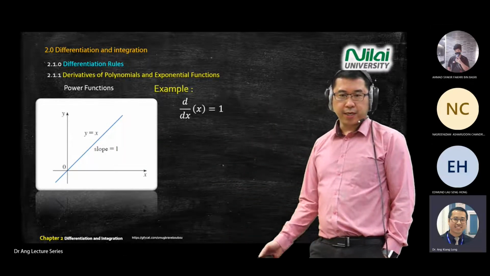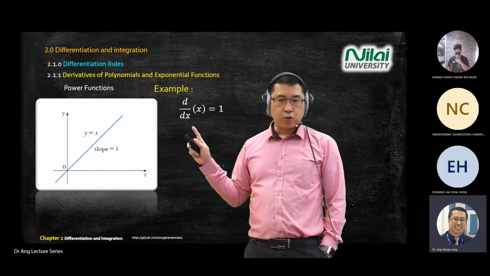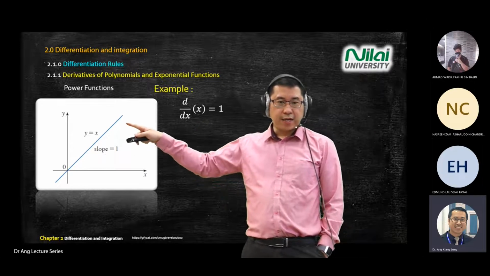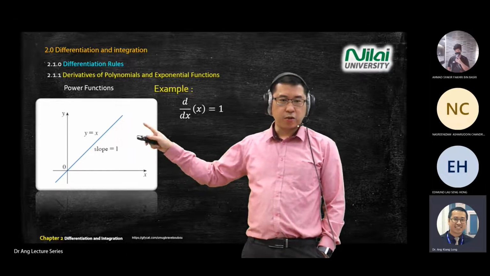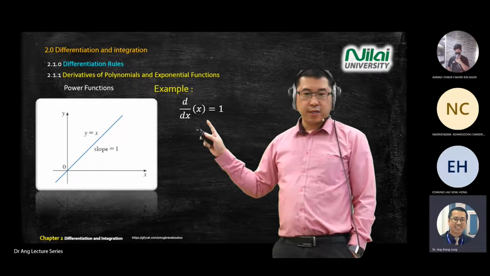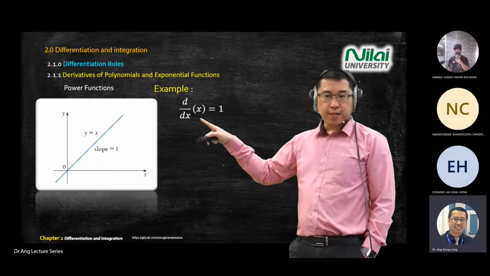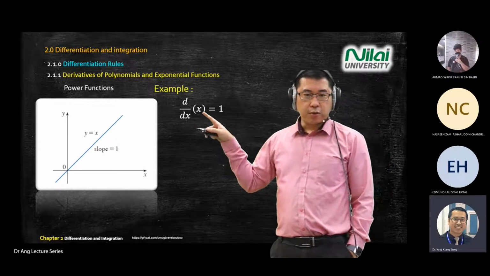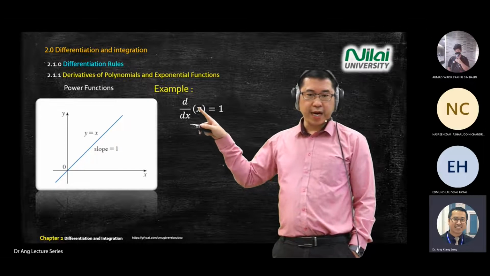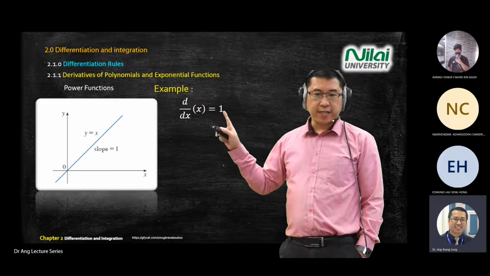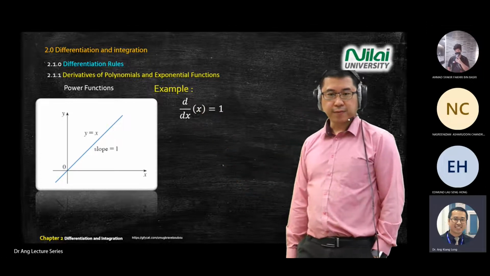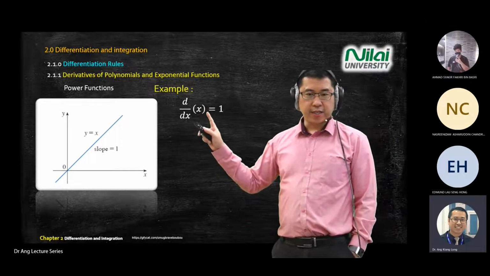Mathematically, you are given a line, y equal to mx plus c, you want to find the slope. If your y equal to x, your dy dx equal to 1. So for example, this is the mathematical model. You are having a function y equal to x, you differentiate x, you get 1.